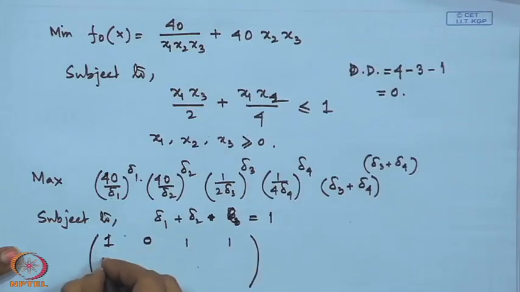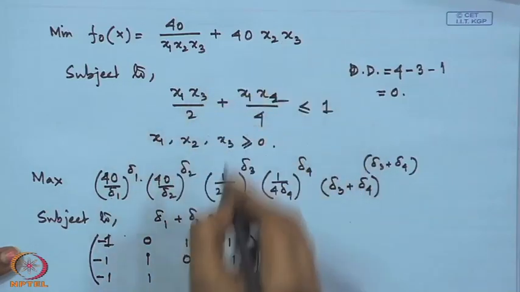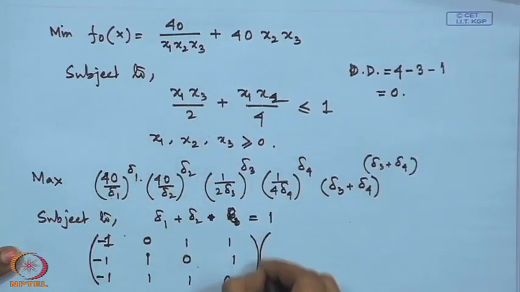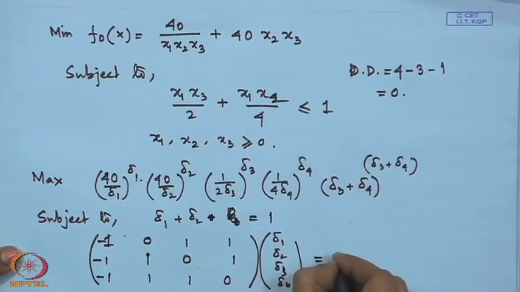Similarly, for x2 the powers are minus 1, 1, 0, 1. Similarly, for x3: minus 1, 1, 1 and 0. And we have aij delta j, that is why delta 2, delta 3, delta 4 equal to 0. This is the orthogonality condition for us.